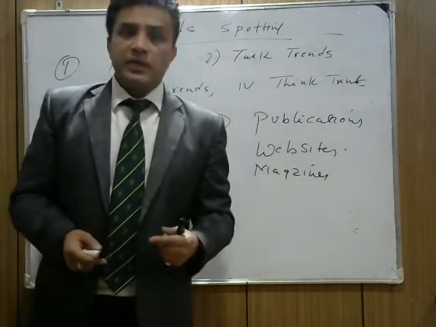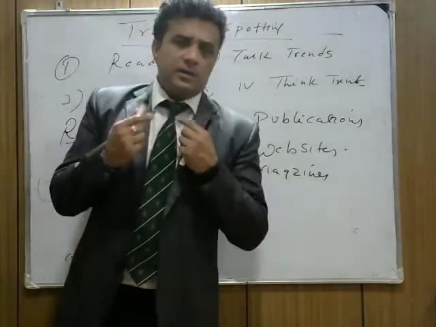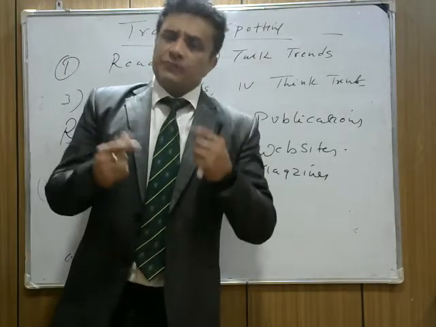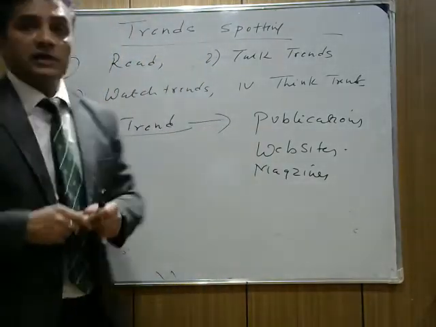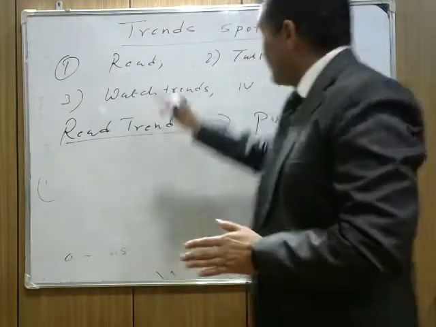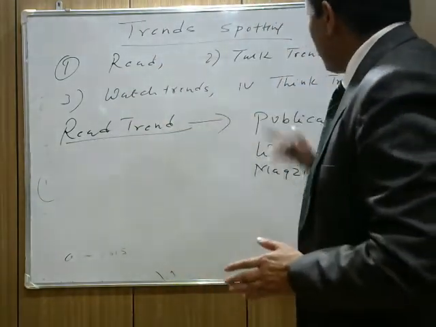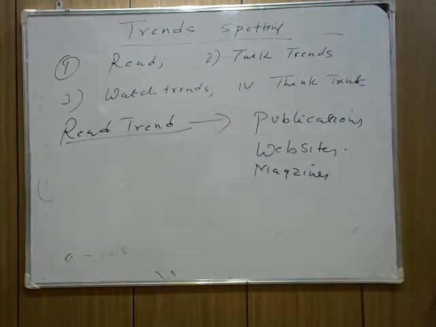There are also books and whatever things are available in the market, which can help the entrepreneur to understand. So the entrepreneur reads from publications, websites, magazines, from different sources available in the market. These are called read trends.